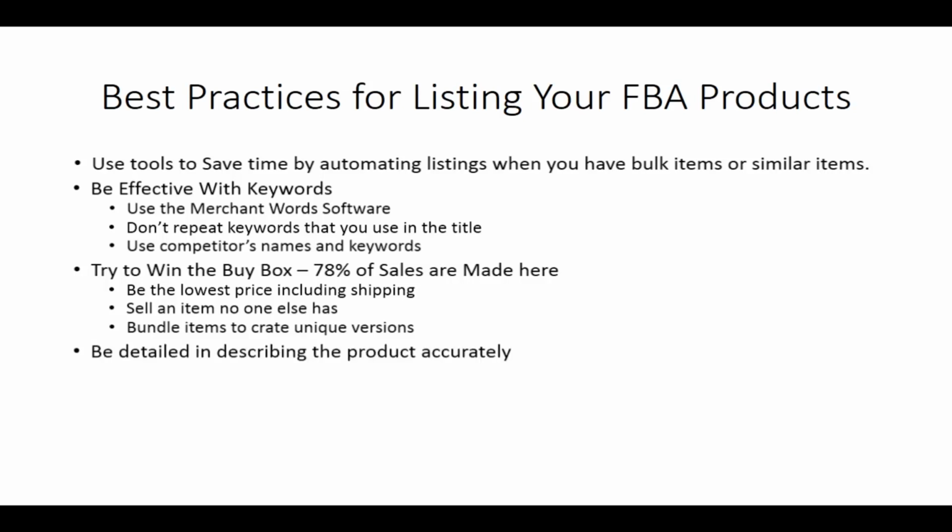Now, one of the best practices of FBA sellers is being very detailed and complete in their product description. Again, we talked about being careful not to overuse keywords, particularly in the description, especially when you've used them in the title, but you do want to describe your product accurately. You want to make sure the buyer knows exactly what they're getting. At the same time, you want to give your buyer the maximum opportunity to find you.